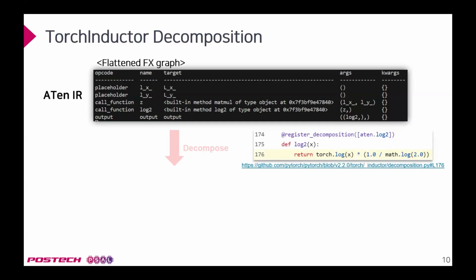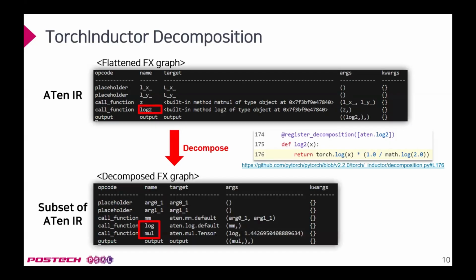Once registered, the FX graph is transformed. And you can see that the single log2 node is broken down into two simple ATen operations, log and mul. In this way, the standard ATen IR is lowered into a subset of ATen IR, simplifying the graph.